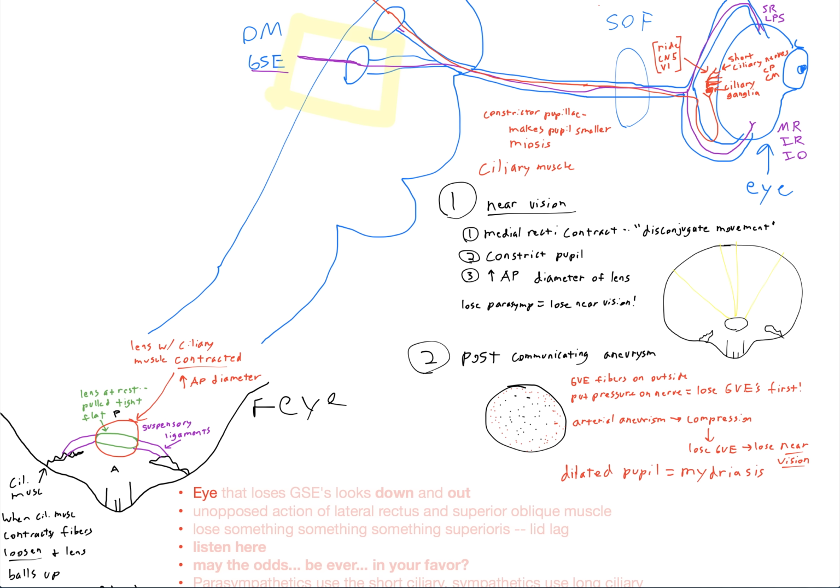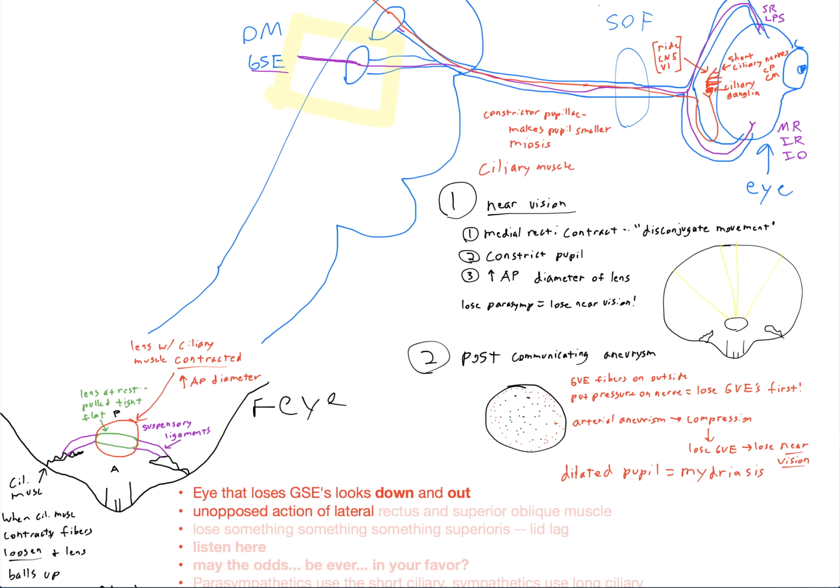Another interesting thing about it is when you lose your levator palpebrae superioris, do y'all know what that muscle does? It prevents what we call lid lag, right? So like when you look up to the ceiling, if your levator palpebrae superioris did not work, when you looked up to the ceiling, you would be looking at the back of your eyelid. Right? So you don't think to lift your eyelid.